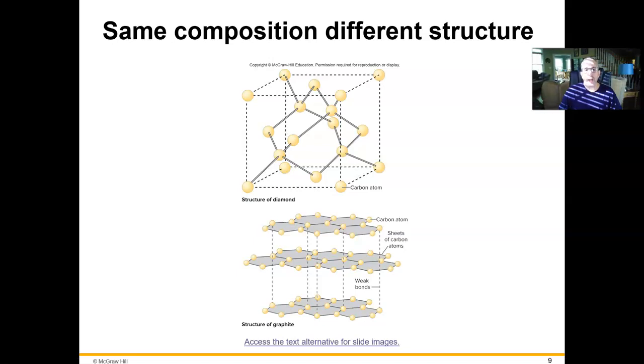In this example right here, this is simply carbon. Now, carbon that has been exposed to very high heat and very high pressure can take on a crystalline form that makes a diamond. Most of you are familiar with diamonds. But also, if you think of an old school pencil, the lead in the pencil, that's graphite. That is the exact same material that a diamond is. It's no different other than the structure of the crystalline makeup of that mineral.